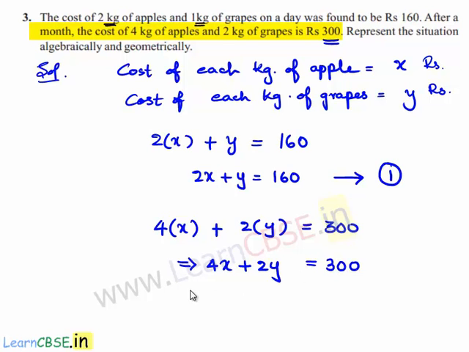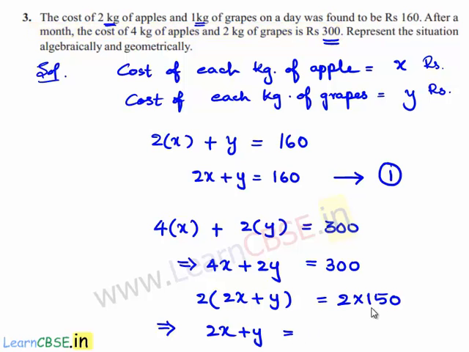Now we can take 2 as common, so we get 2 times (2x plus y) is equal to 2 times 150. So this equation changes to 2x plus y is equal to 150. This is equation number 2. So equations 1 and 2 represent the algebraic notation of the given conditions.